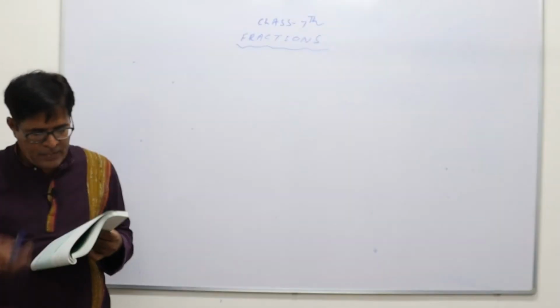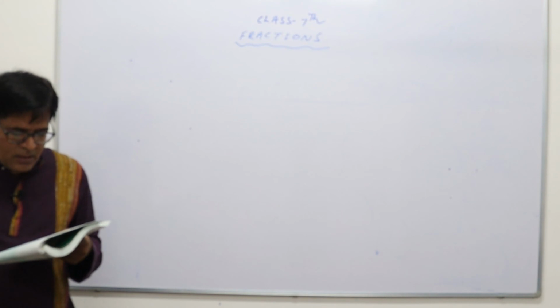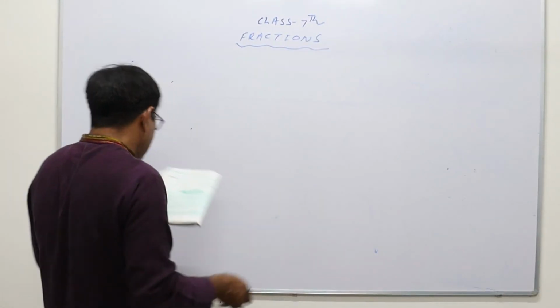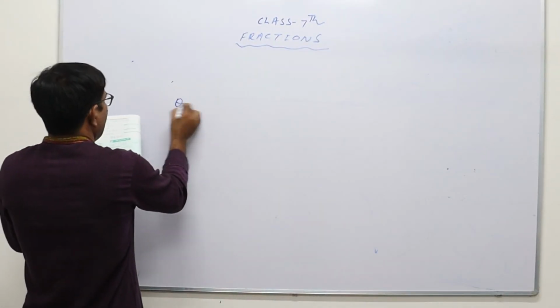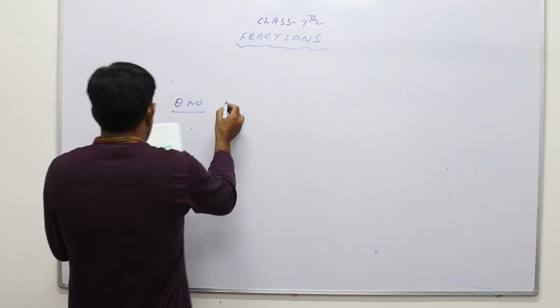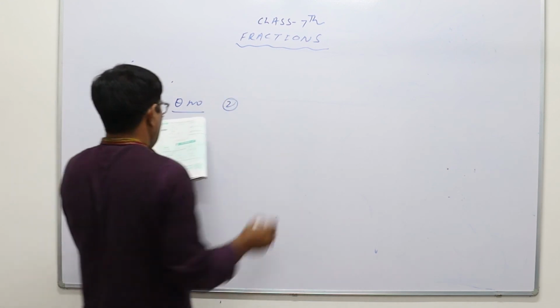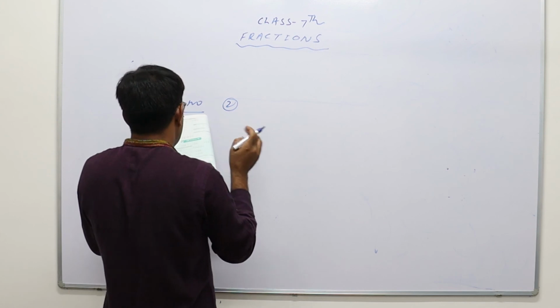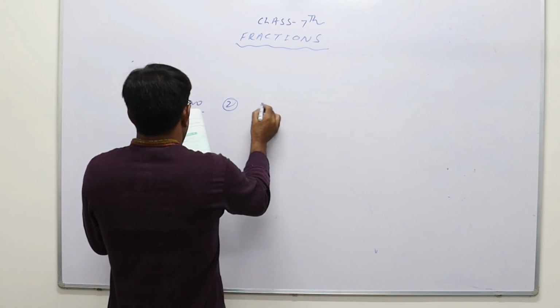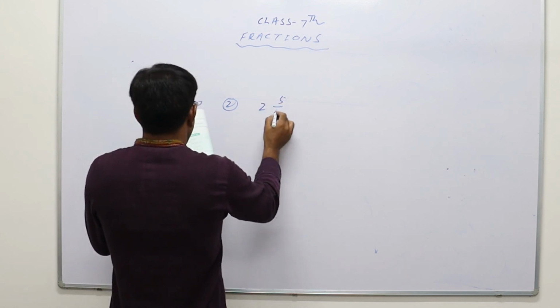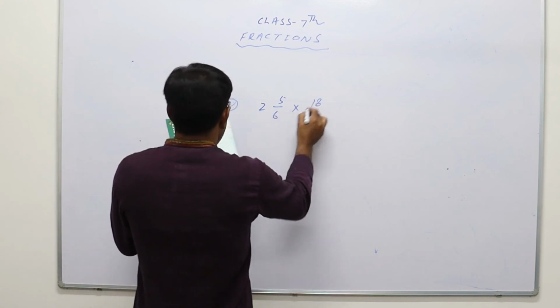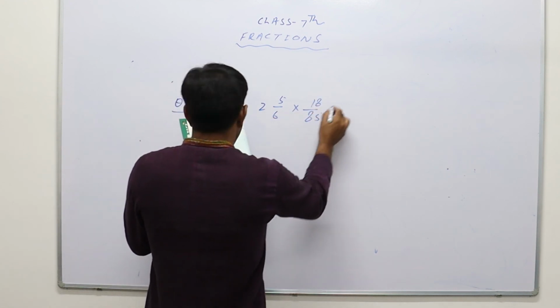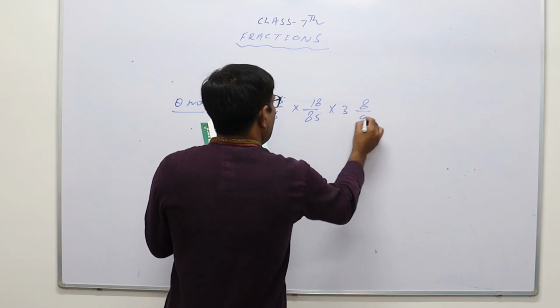Simplify the following. Question number two: the given is 2 whole 5 upon 6 into 18 upon 85 into 3 whole 8 upon 9.